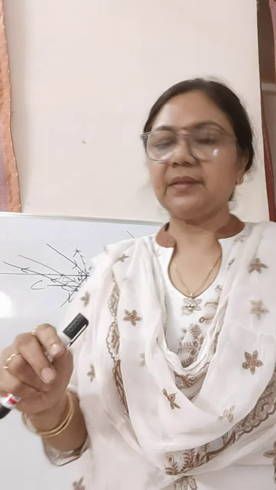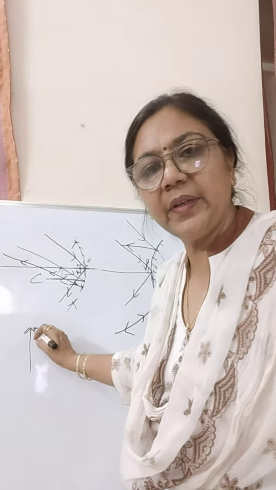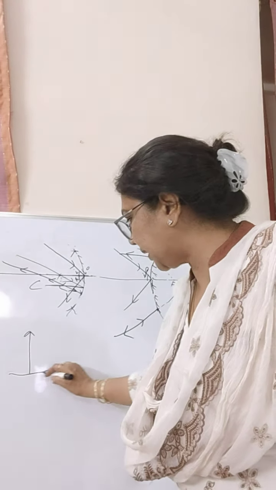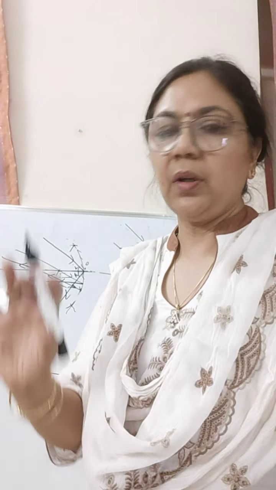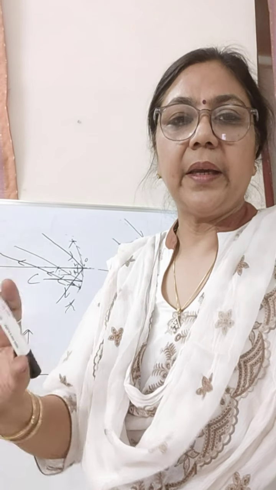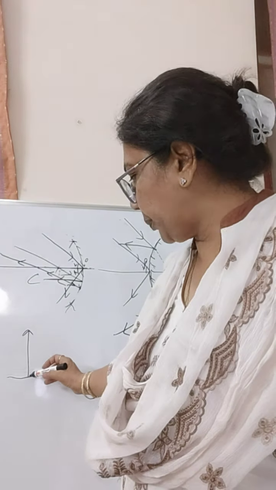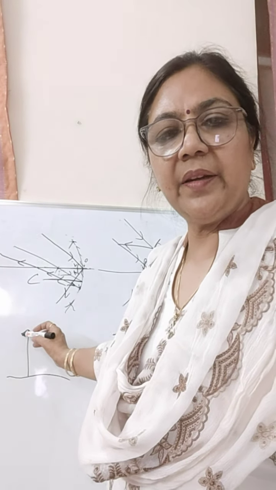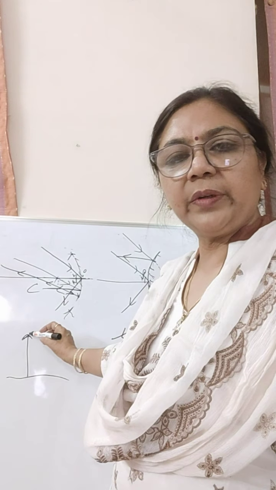Any object is there, we always take the object on the principal axis. Here we are restricting that the object will always be on the principal axis, its foot will be on the principal axis, and it will be erect, and from the tip we have to take two rays.